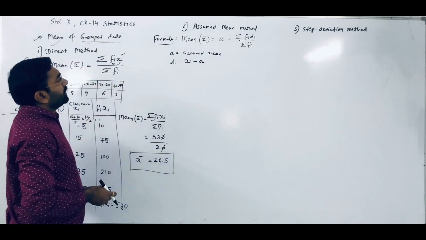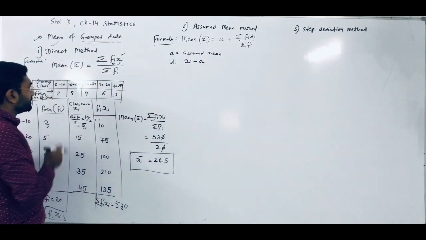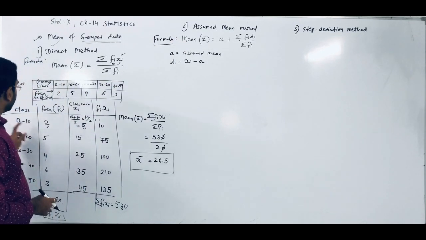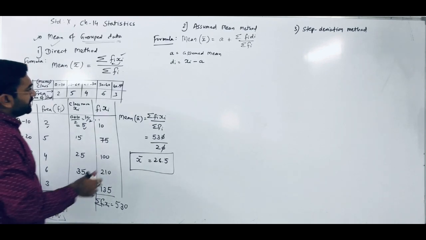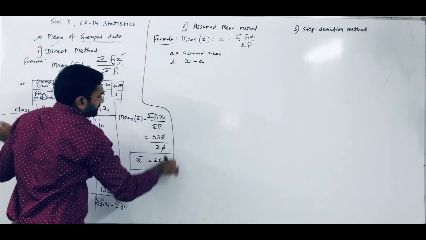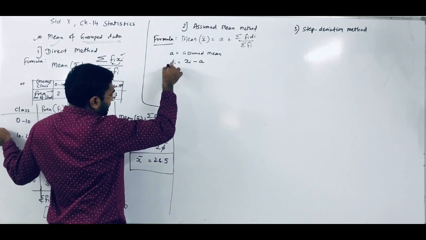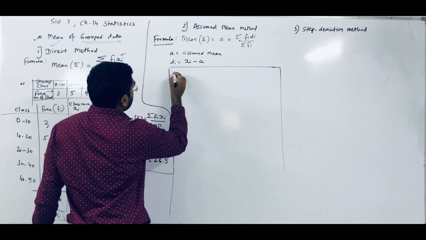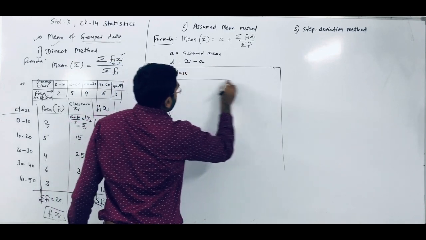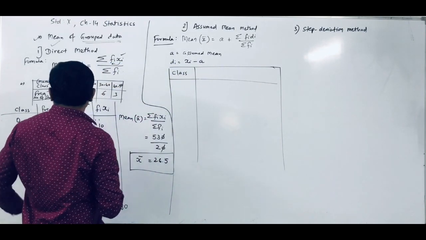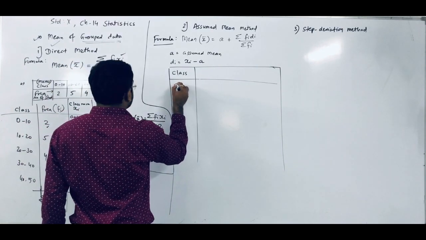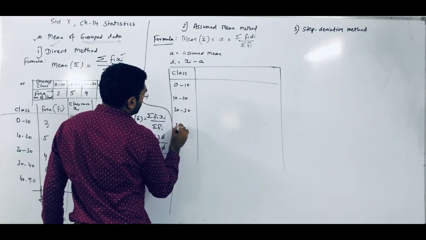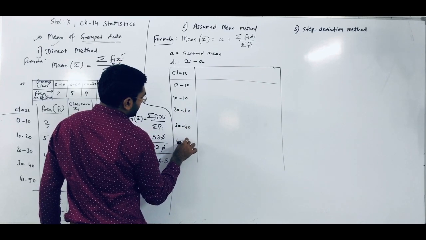Now suppose we have to find the mean using the assumed mean method for the same sum. First of all, we have to make a table. So first I write the class: 0 to 10, 10 to 20, 20 to 30, 30 to 40, 40 to 50, right?